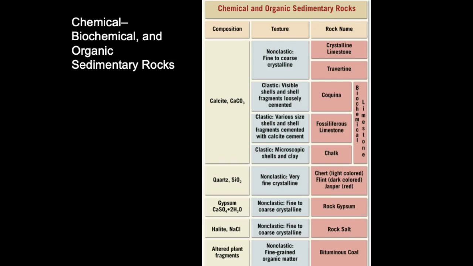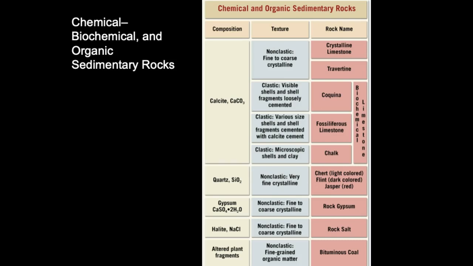As you can see in the charts, and by the description of the main sedimentary rocks that we went through in the last few slides, there are many types of sedimentary rocks. Some are termed clastic, meaning with fragments. All detrital sedimentary rocks are going to be clastic, and some of the chemical ones will too.